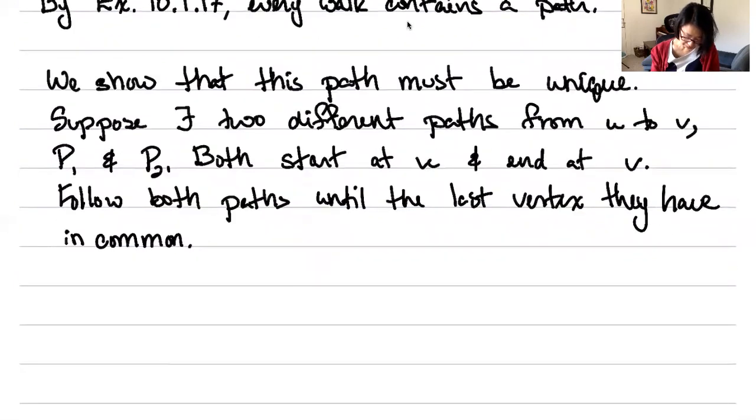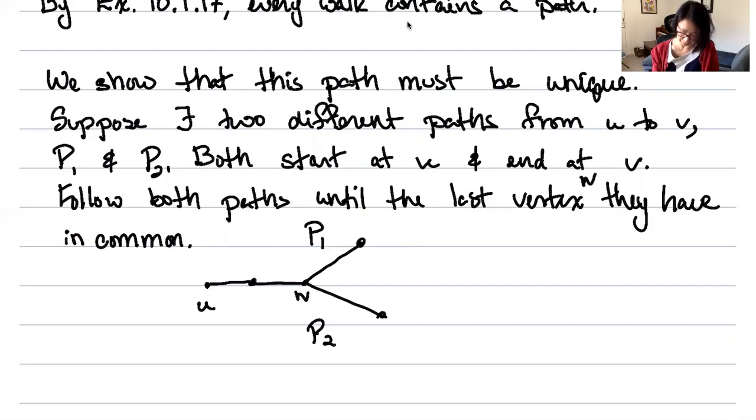Okay, so basically they're both starting at U, they go along together, and then maybe P1 goes this way and P2 goes that way. And we'll call this vertex W. So last vertex W that they have in common.